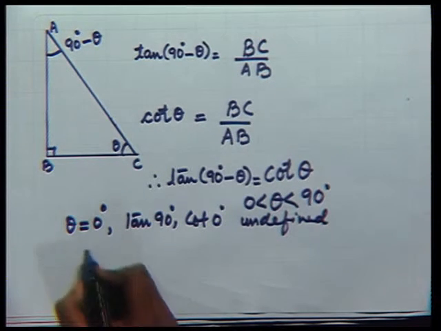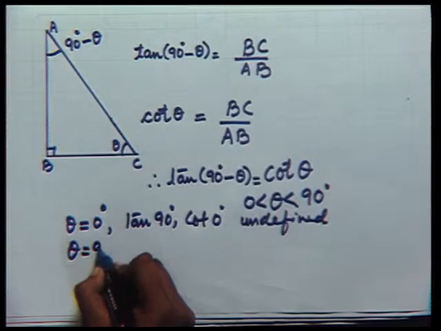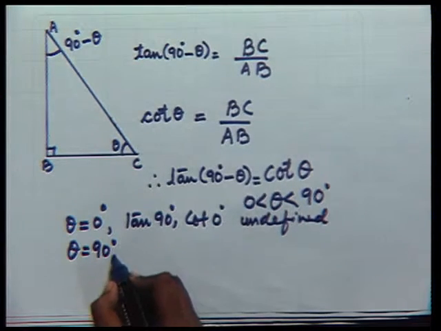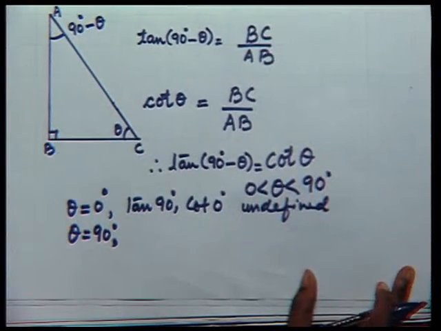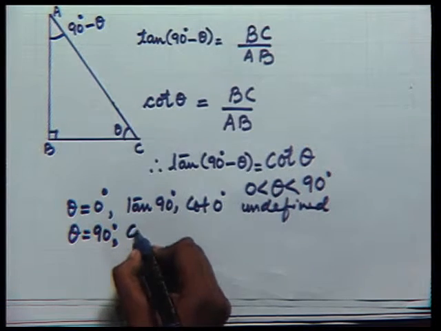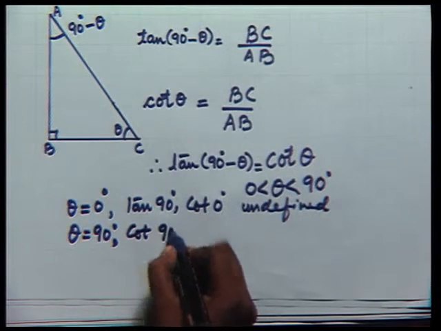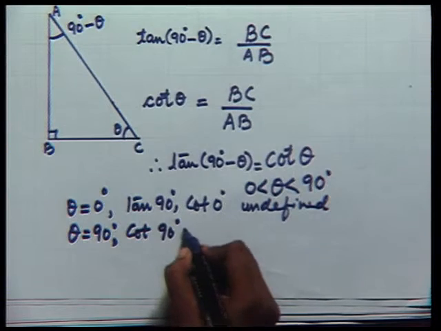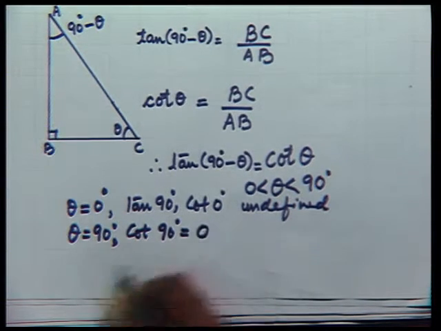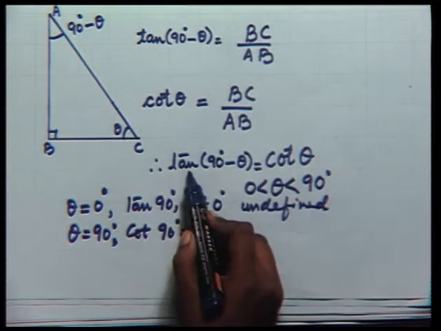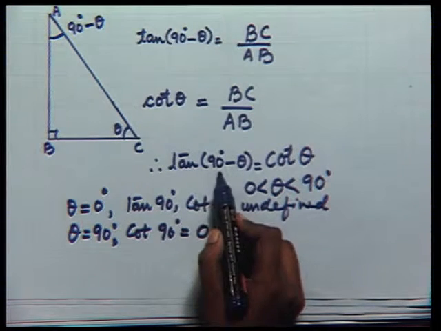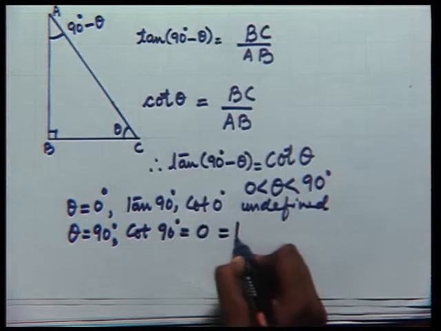What about theta is equal to 90 degree? When theta becomes equal to 90 degree, we have cot of 90 degree is equal to 0 and tan (90 minus 90) is tan 0, which is equal to 0.